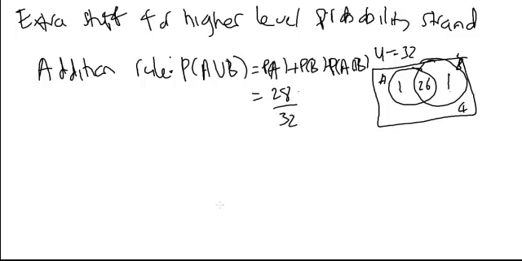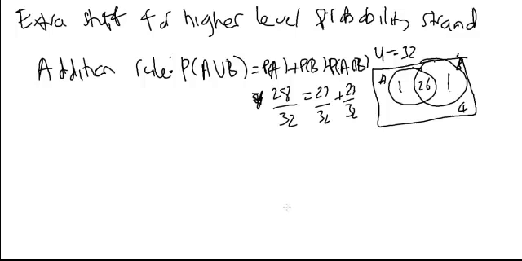If I was just working that probability, I'd get 28 over 32. While if I do the probability of A, that's going to be 27 over 32, because there's 27 people who like chocolate. And the probability of B is going to be 27 over 32 as well. So that ends up being not equal to 28 over 32.